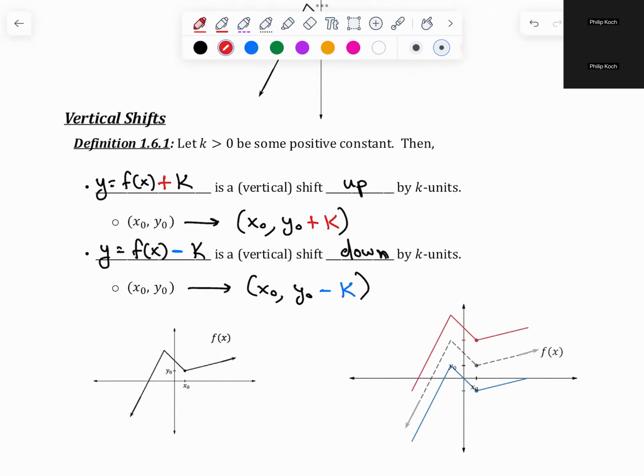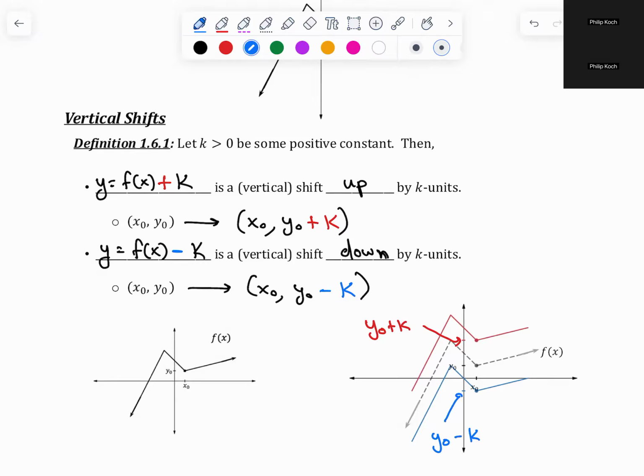So this y value right here is y naught plus k. And then this one down here, that's y naught minus k. That's what a vertical shift is. It's shifting it up or down. It's not moving it left or right at all.